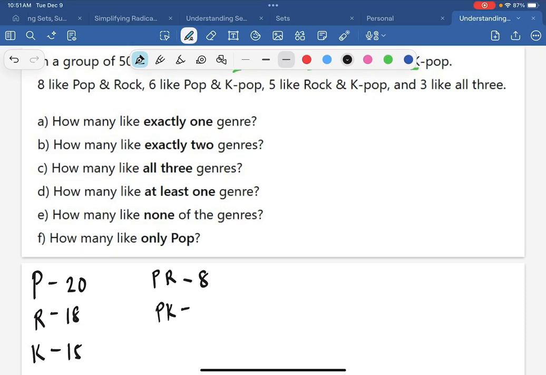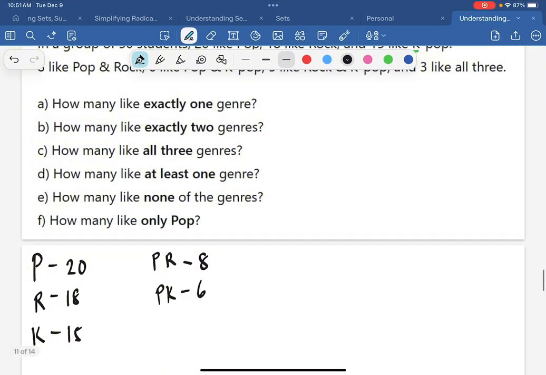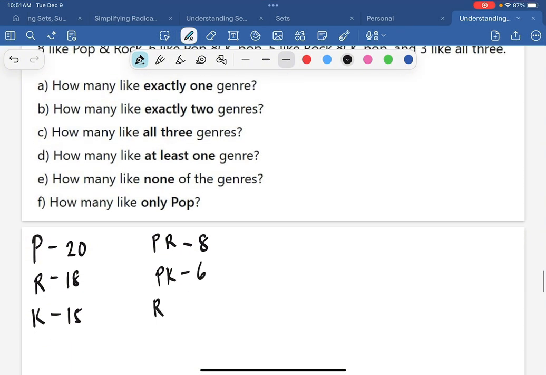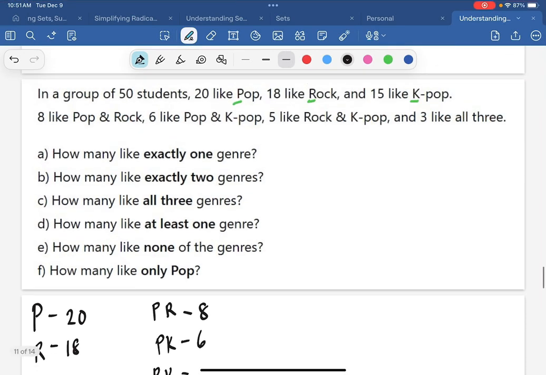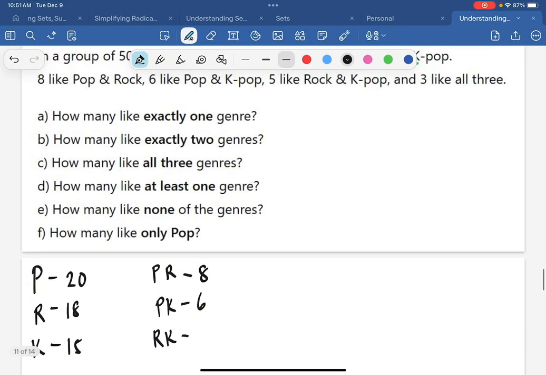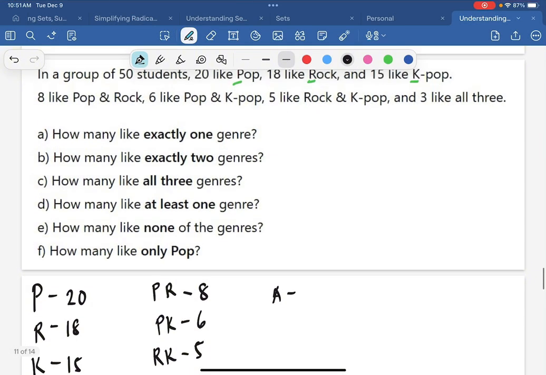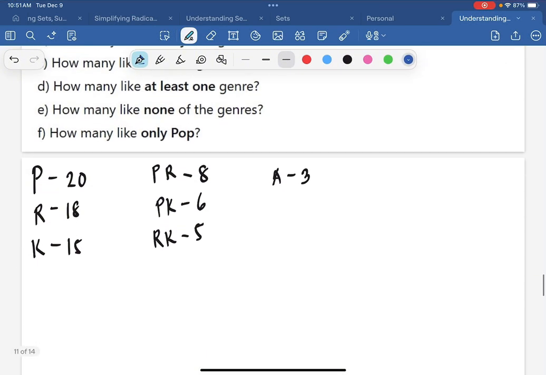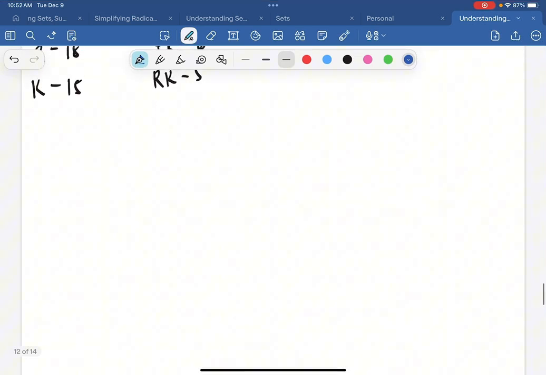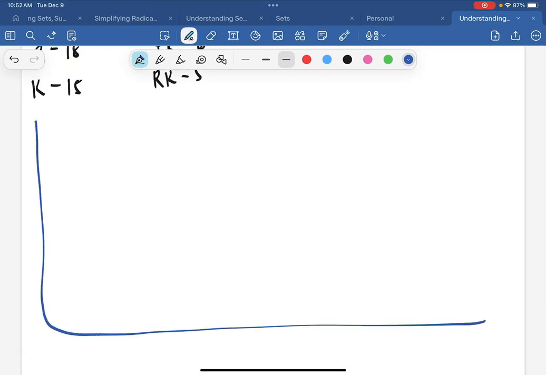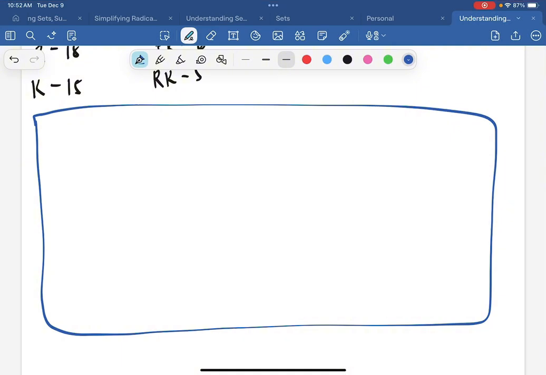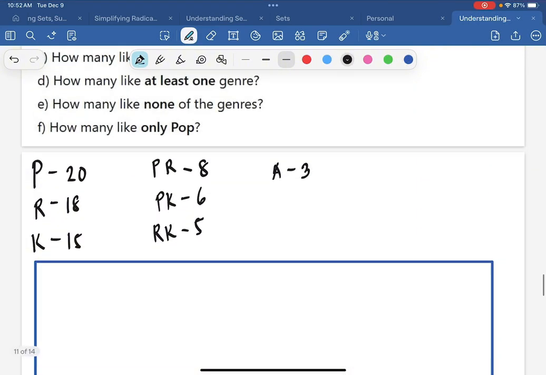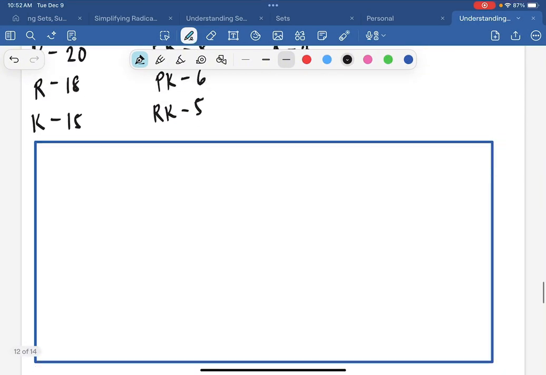P and K, which is 6. And then R and K is 5. And for all three, we have 3. So based on this, we can now make a Venn diagram. And again, based on the problem, there are a total of 50 students.